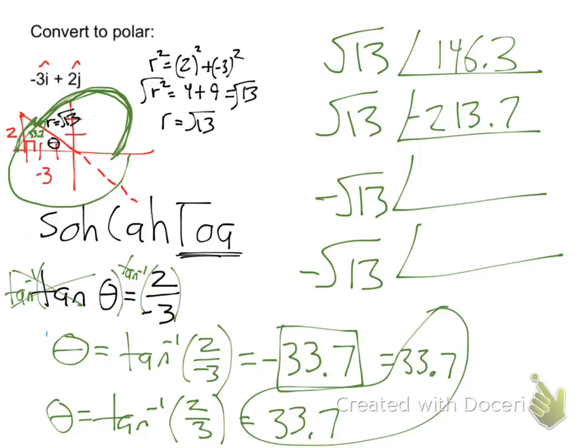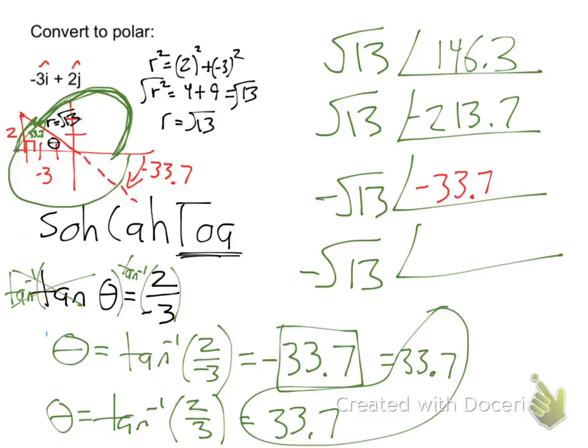That's why we have a negative square root of 13 for both of those. The easiest way to get to that dotted line is to just turn backwards just a little bit. How much is that little bit? It's 33.7. But since I'm going backwards, it's negative 33.7.